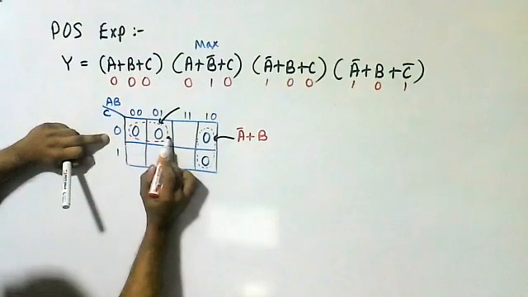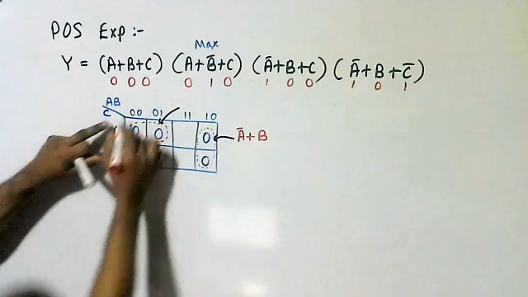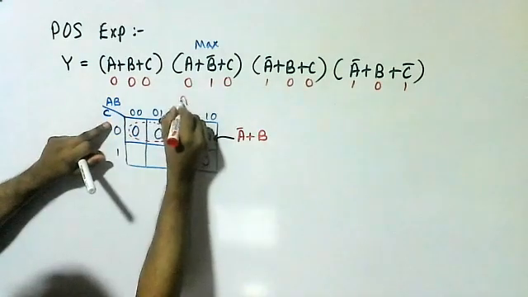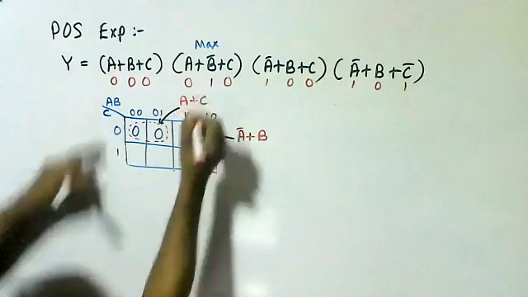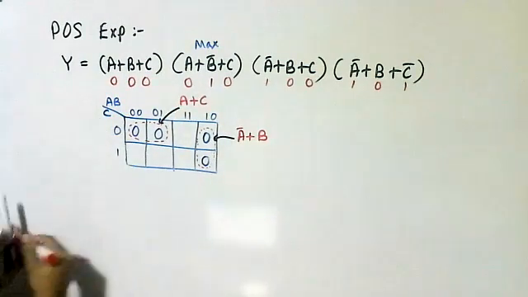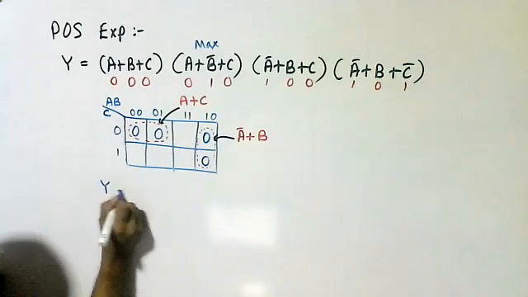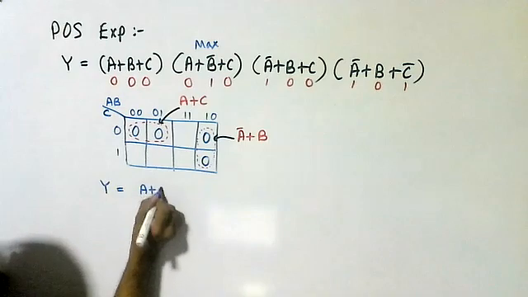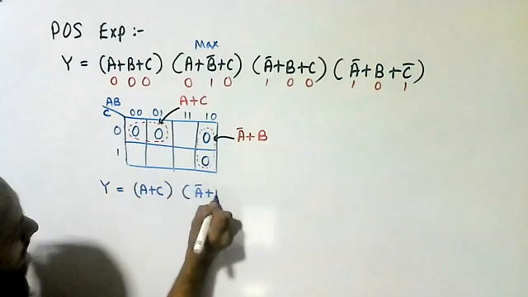It is not changing. Because A is 0, we are having A. Because C is 0, we are having C. Then we can write the simplified POS expression: A plus C into A bar plus B.